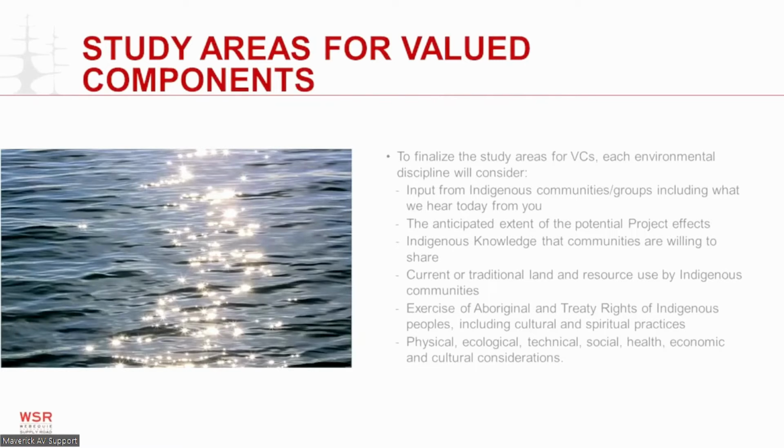Let's now talk about the study areas for valued components more specifically. The study areas for valued components, or things that are important to community members, are determined by many different things, including what community members are saying, Indigenous knowledge, Indigenous land and resource use, and Aboriginal and treaty rights.